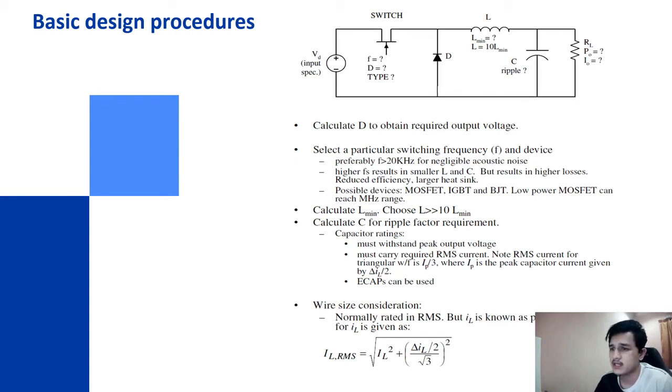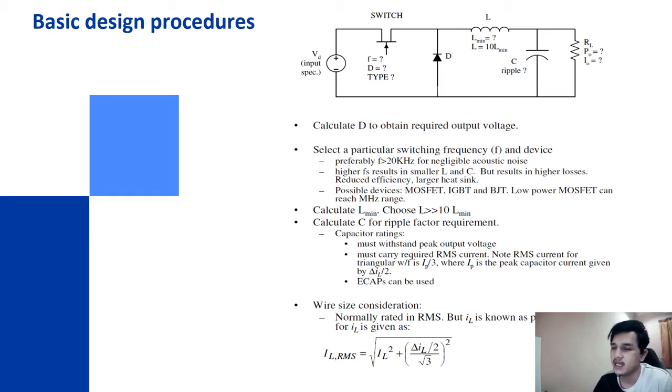Next, calculate Lmin. Choose L bigger than Lmin, for example 10 Lmin, or double Lmin, and calculate C for the ripple factor requirement.